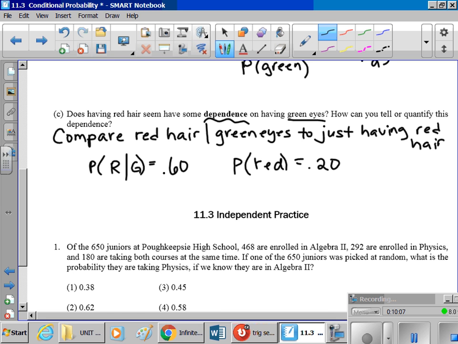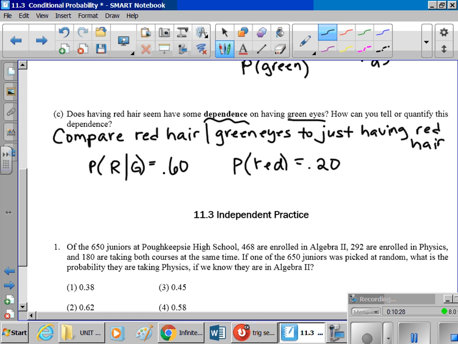So they're asking if these are dependent or independent. Well, they're independent if those numbers are exactly the same. But in this case, they're not exactly the same. Not only that, they're 3 times more likely to have red hair if they have green eyes.